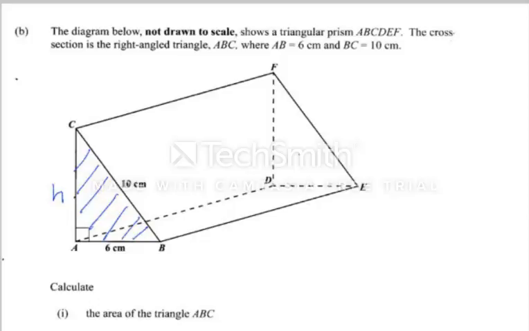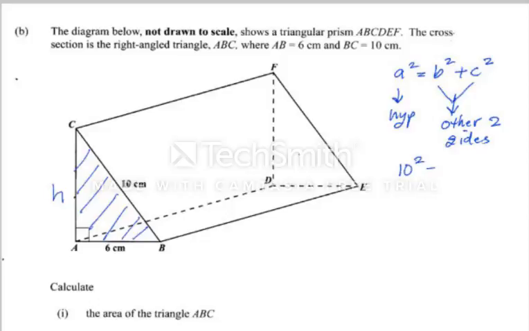Now, if we know two sides of a right angle triangle and we wish to find the length of the third side, we have to use Pythagoras theorem. Pythagoras theorem is a squared is equal to b squared plus c squared. In this formula, a is the hypotenuse, and b and c are the other two sides. So the hypotenuse of this triangle is 10.